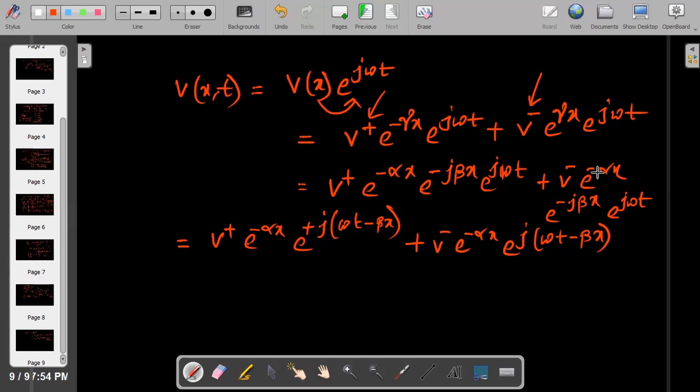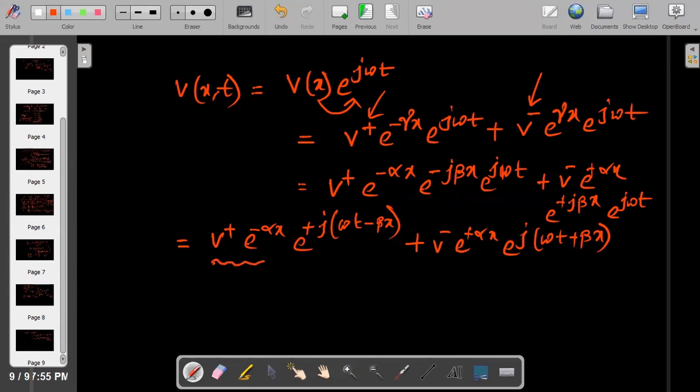This is plus, sorry. So this will be plus. Correct. Check. This will be gamma x, alpha plus j beta, correct. So like that, something will be.